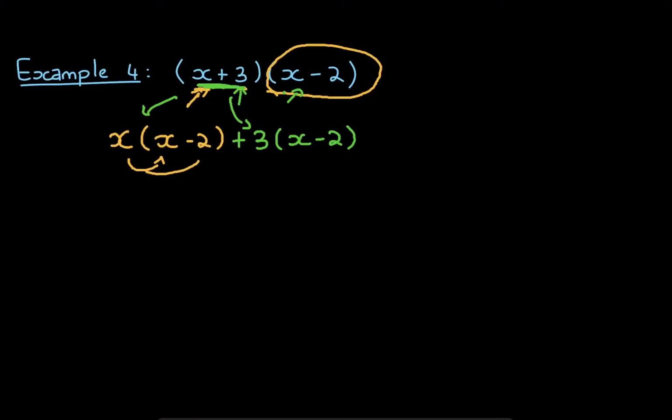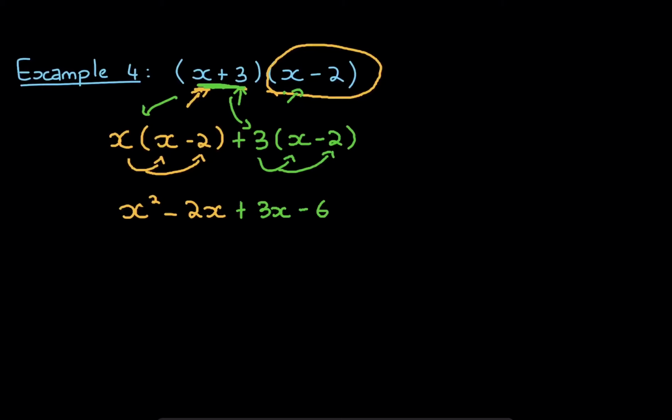X squared. Actually, I should find out if that's an official term. But yeah, so x times x is x squared, x times minus 2 is minus 2x. Same method over here, 3 times x, 3 times negative 2, and even here it was negative 2. Then you get plus 3x, and 3 times negative 2 is negative 6.